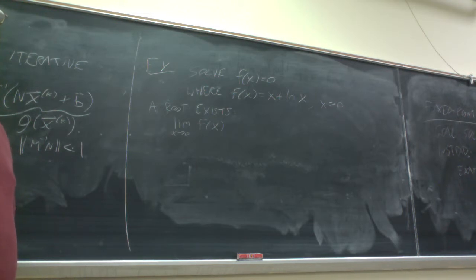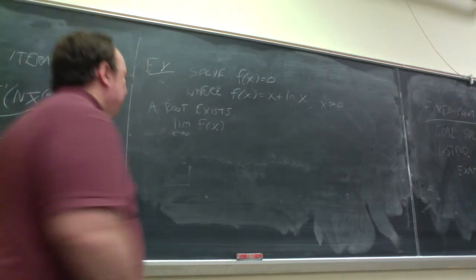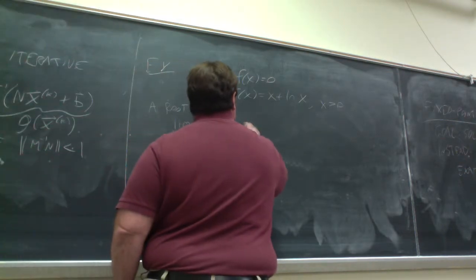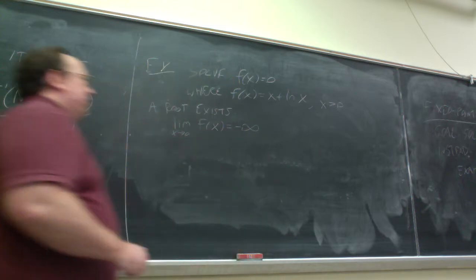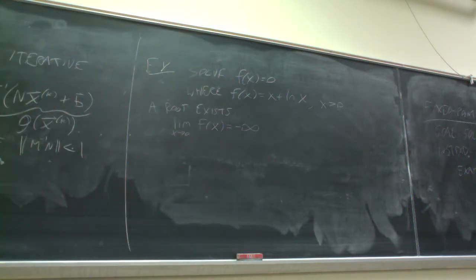There's an asymptote, yeah. It's going to minus infinity. Yeah, whenever x is less than 1, natural log of x is negative. So as you get closer and closer to x equals 0, you're going to get more and more negative values.